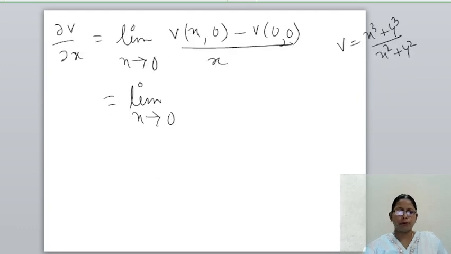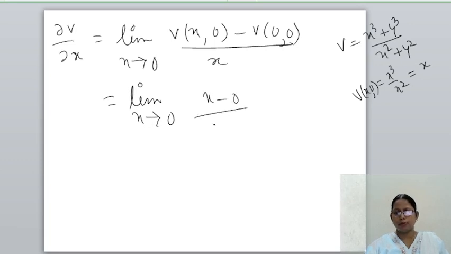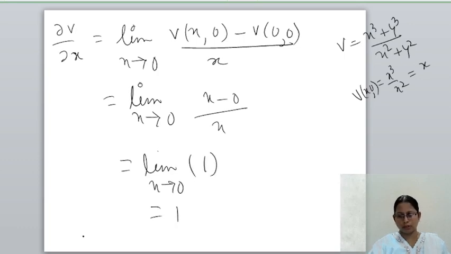If I put x equal to x and y equal to 0, it will be x cube by x square, which is x. So v(x, 0) is x, v(0, 0) is 0, and x by x is 1. So the limit x tends to 0 gives 1.